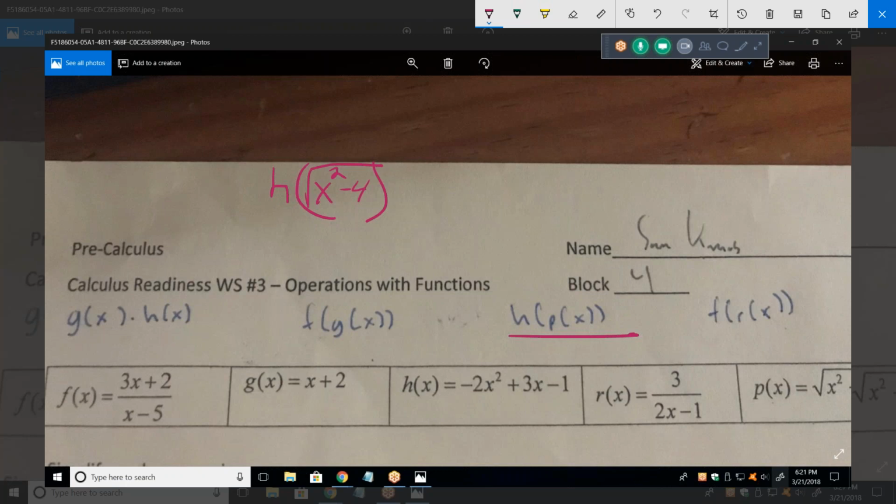So, how do I figure out what h of the square root of x squared minus 4 is? You just plug the square root of x squared minus 4 into the function. In other words, you always go to the outside function after you've gone to the inside function. And so tell me what to write exactly.